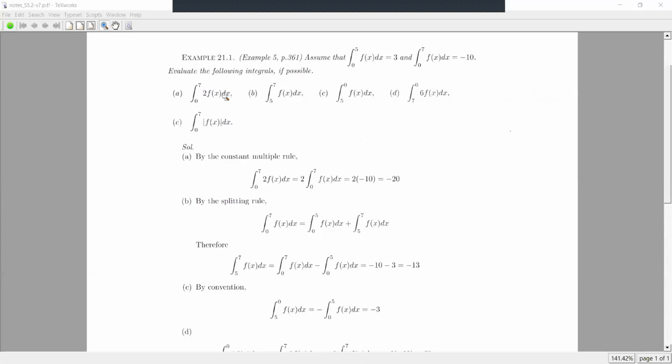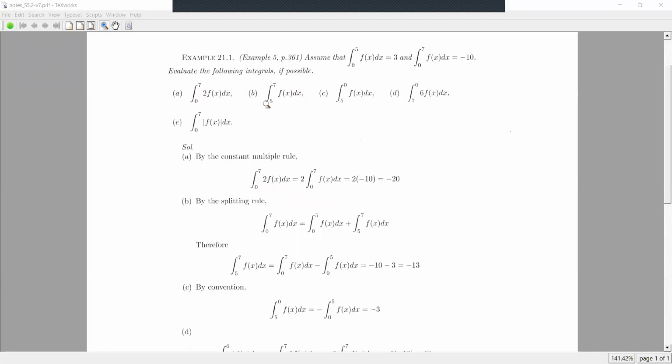A, find the value of this integral. By the constant multiple rule, I can move the number 2 outside the integral to get this equation. Now, the integral from 0 to 7 is -10. So the answer is -20.